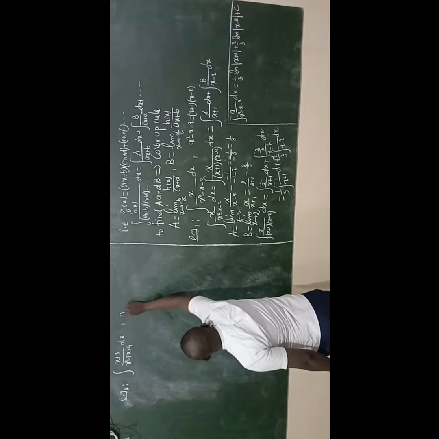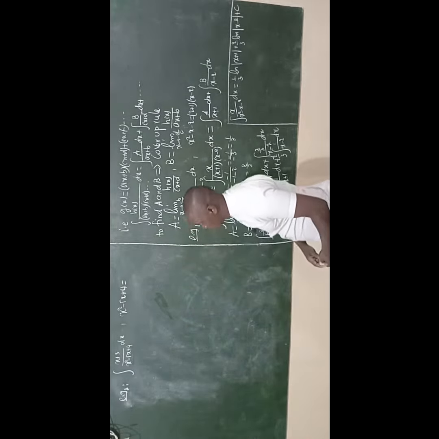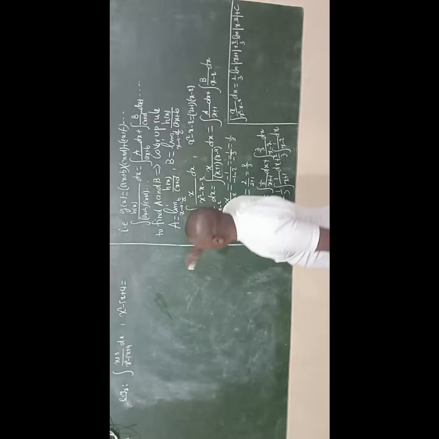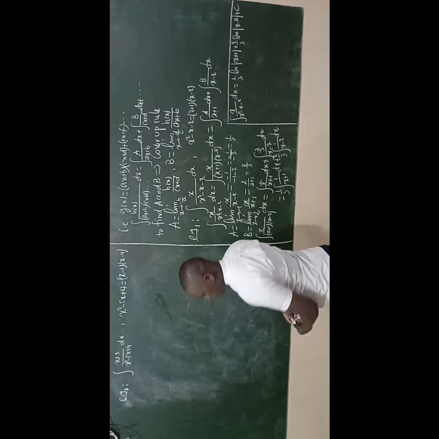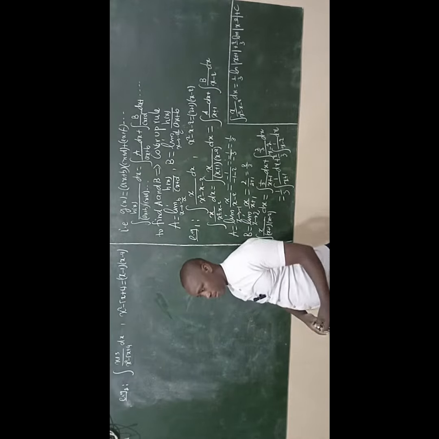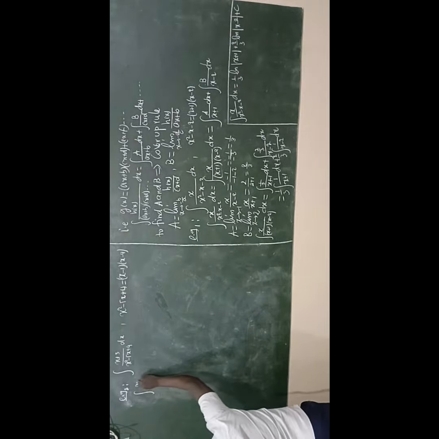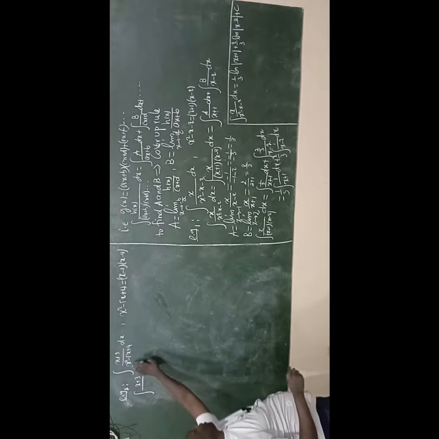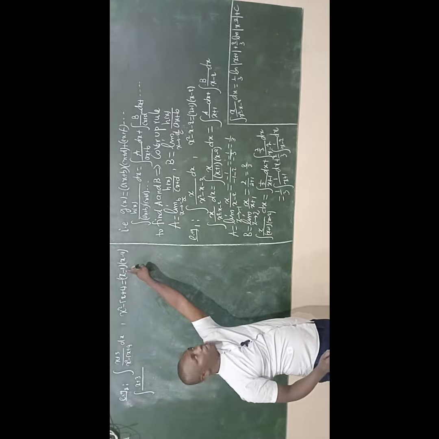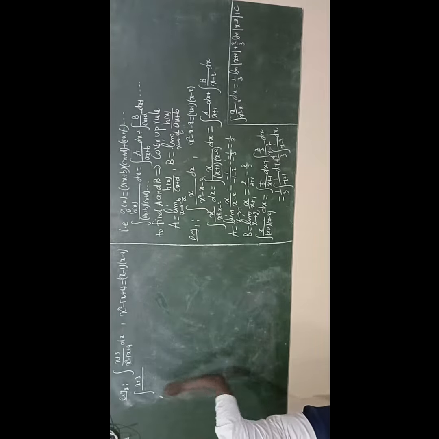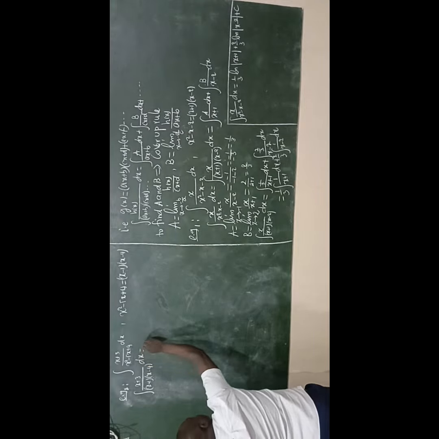Let's have it. x squared minus 5x plus 4 can be factored as x minus 1 times x minus 4. Here is the factor form of this. And the integral can be x plus 3 divided by, instead of writing x squared minus 5x plus 4, we write x minus 1 times x minus 4 dx.